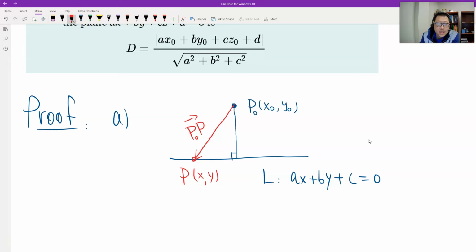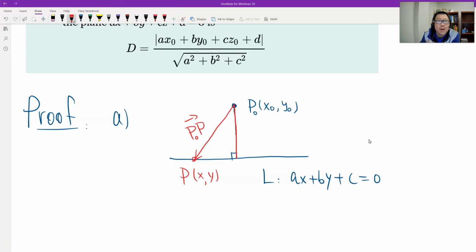I know this vector. And then the shortest distance should be what? It should be the orthogonal projection of the vector P0P, projected to this perpendicular direction. What is this direction?